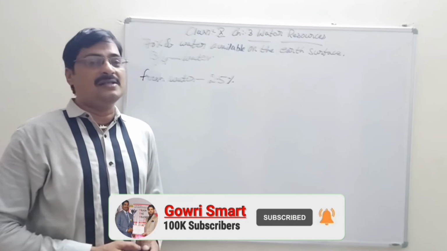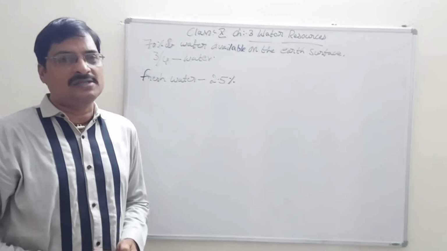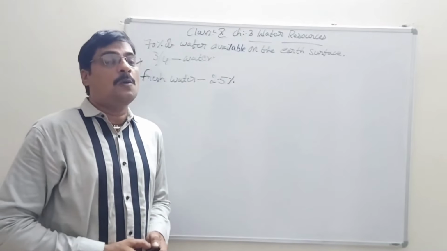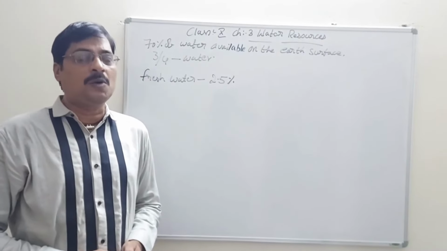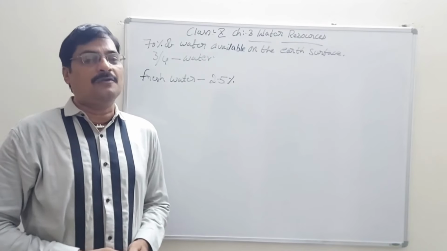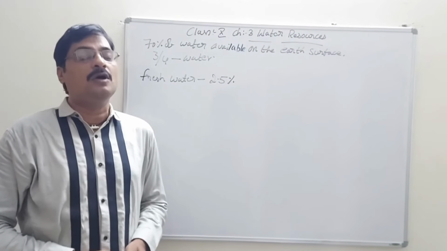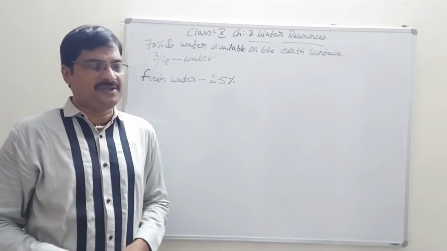But some areas face a shortage of water. In total, around how many people are facing a shortage of water? 2 billion people are facing a shortage of water on the earth's surface.